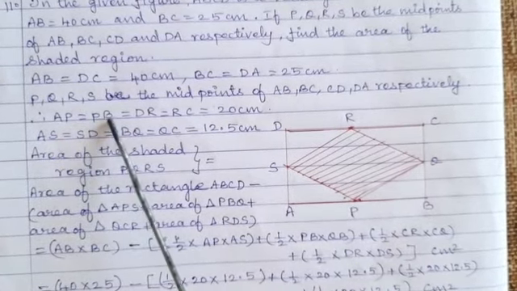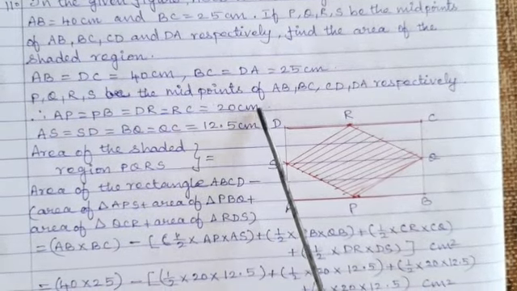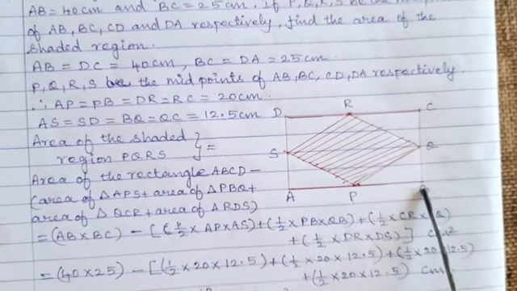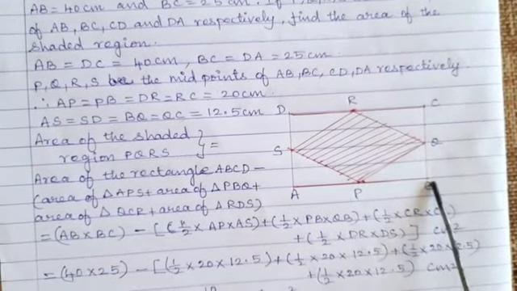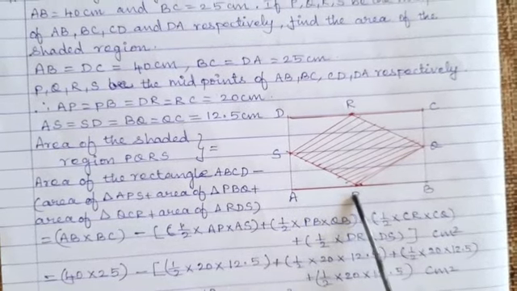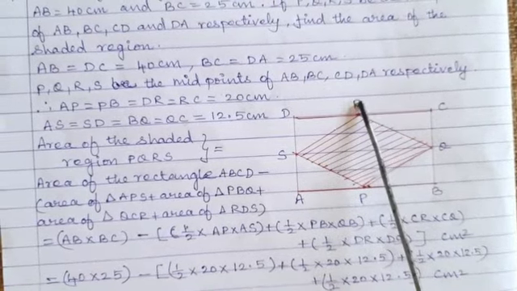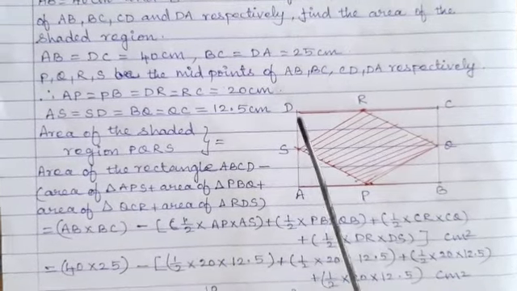So AP equal to BP, CR equal to RD. Because AB is given 40 centimeter, this is the midpoint, so AP 20 centimeter, BP 20 centimeter, CR 20 centimeter, RD 20 centimeter.